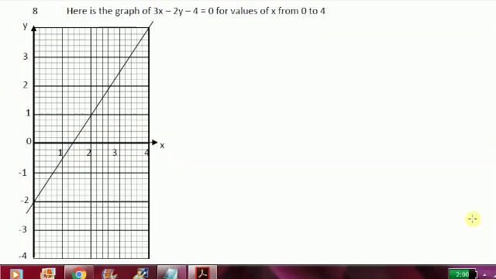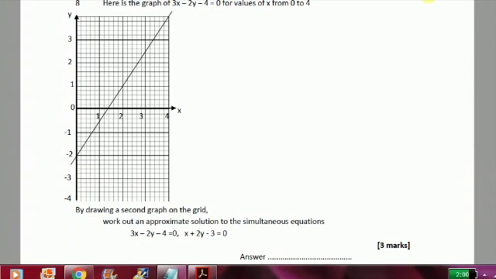Question 8. Here is the graph of 3x minus 2y minus 4 equals 0 for values of x from 0 to 4. You can see that it goes like this. By drawing a second graph on the grid, work out an approximate solution to the simultaneous equations 3x minus 2y minus 4 equals 0 and x plus 2y minus 3 equals 0.